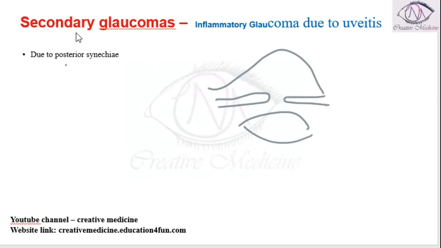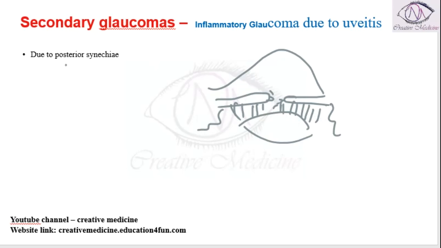The iris will form adhesions with the lens. So whenever the iris has adhesions with the lens like this posteriorly, it is forming synechiae, that is adhesions.